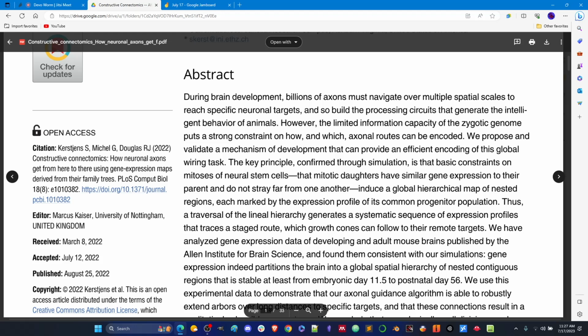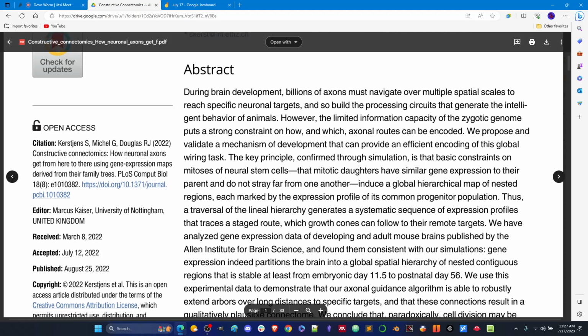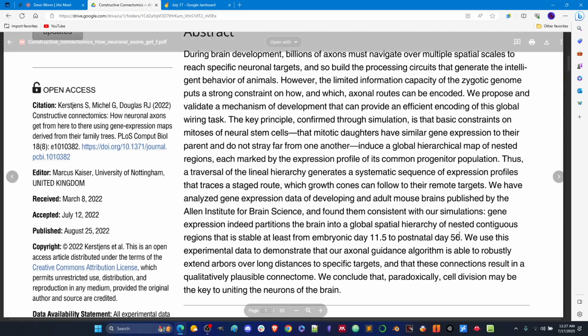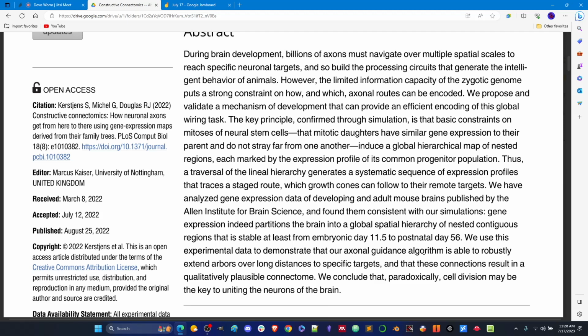Gene expression induced partitions in the brain into a global spatial hierarchy of nested contiguous regions that is stable from at least embryonic day 11.5 to postnatal day 56. So basically what happens is that you have the brain as it's developing, at least in mouse, you have these sort of hierarchical sections where, basically, development is stable.